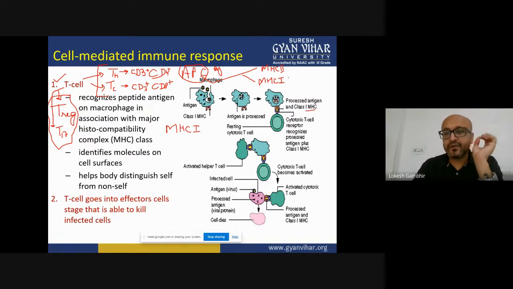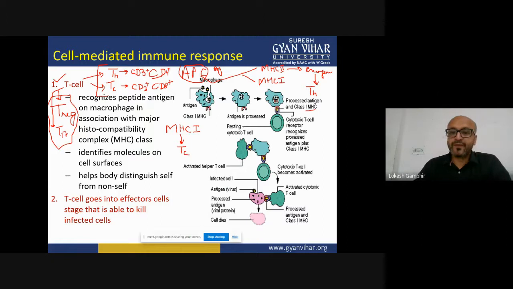Now let us recapitulate. MHC2 is involved in processing the external or exogenous antigen, and the presentation with MHC2 leads to the binding of T helper cell. T helper cell will be recognizing the antigen which is presented on MHC2. Whereas the molecules which are presented by MHC1, those are actually recognized by your cytotoxic T cells.